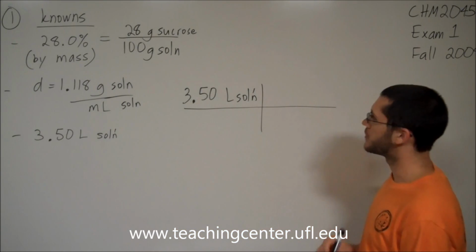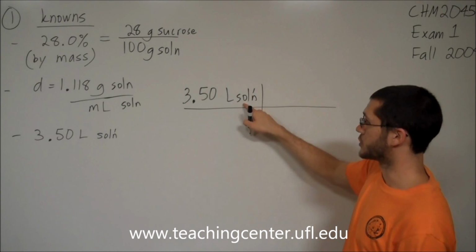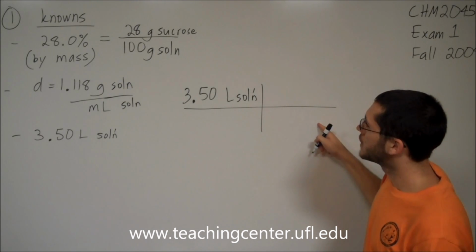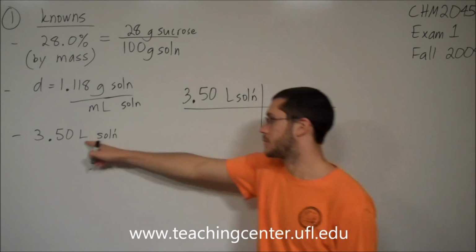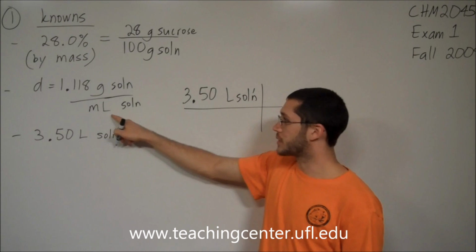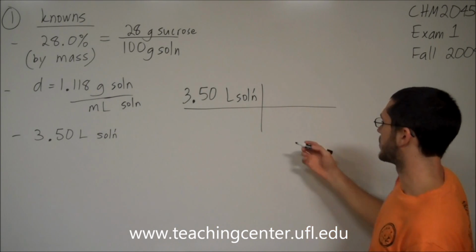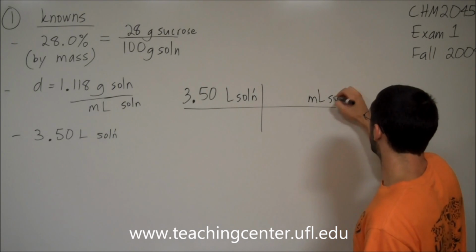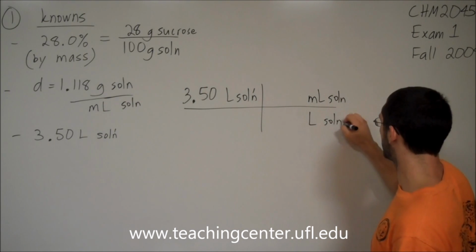How do we follow our units? I'm at liters of solution, so I need to cancel out liters of solution somehow. I don't see liters of solution anywhere. Here's liters of solution, but this is what we're using. But I see something close: this is milliliters of solution, so I can simply convert this number into mils of solution.